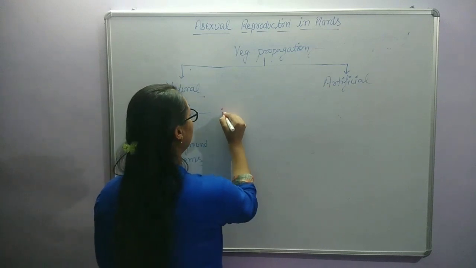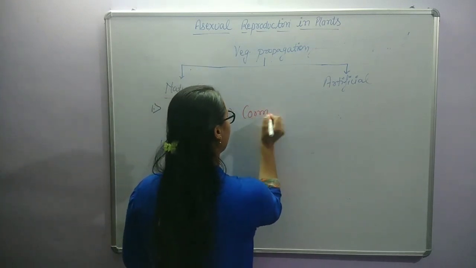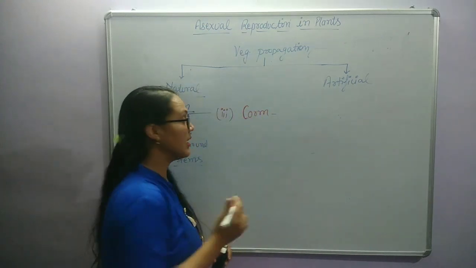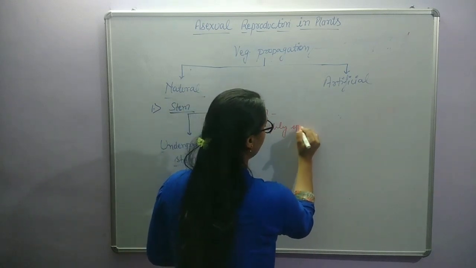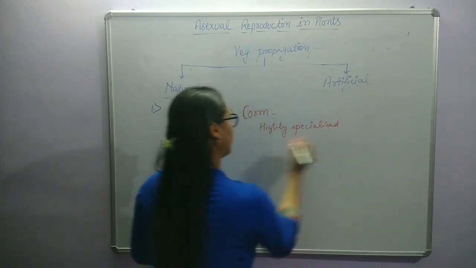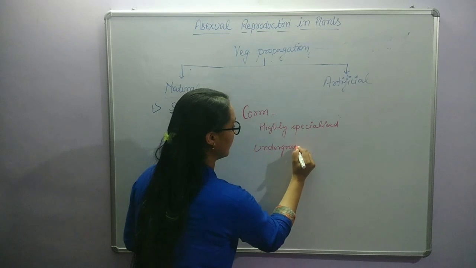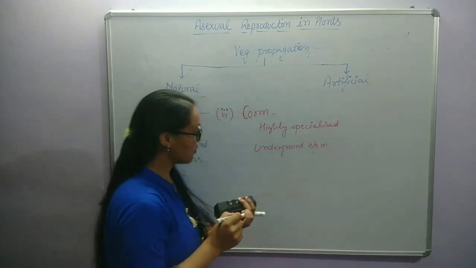Third category is corm. Corm is a highly specialized underground stem. So what is corm?